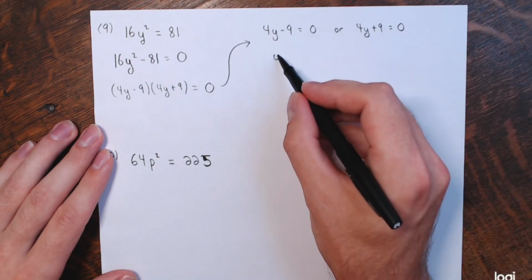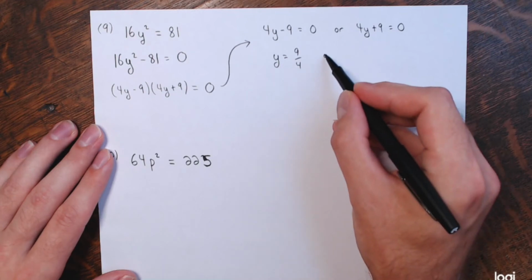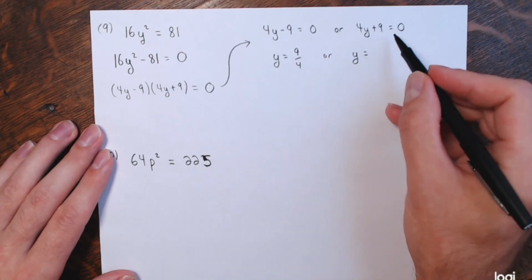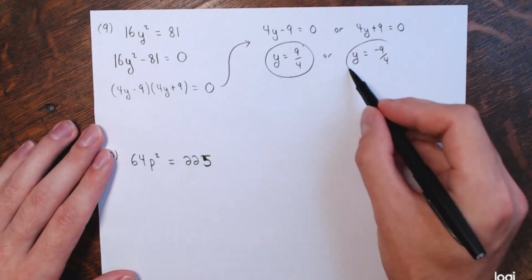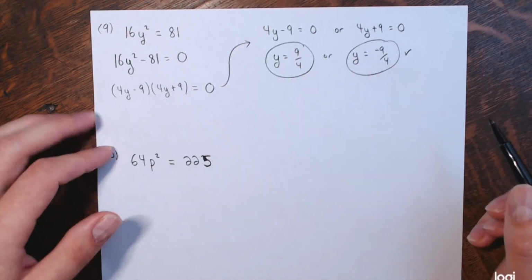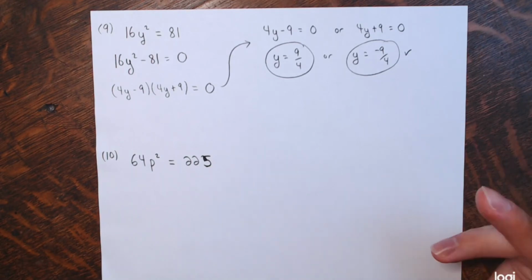Solving each of these gives me one solution of positive 9/4 and the other solution of negative 9/4. And again, please don't forget to check these. And as in the previous couple examples, you could also just write plus or minus 9/4. Same thing.